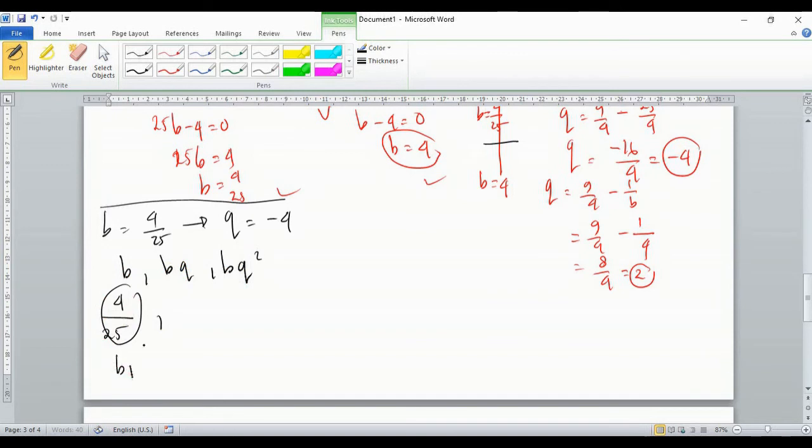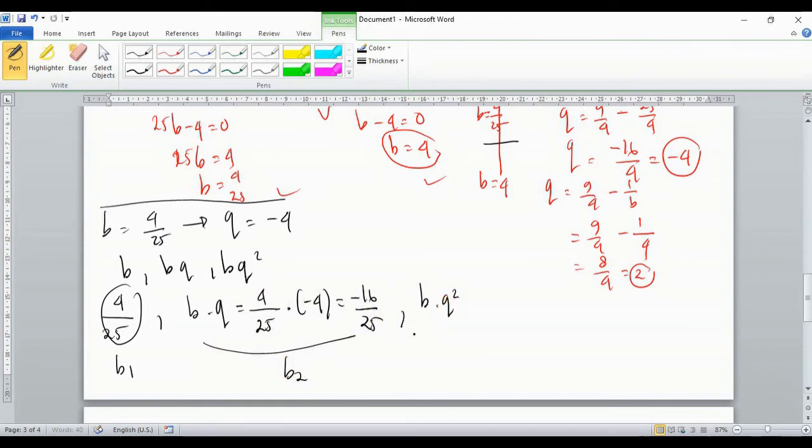And then bk is equal with 4 over 25 times k, minus 4. So we have minus 16 over 25, which is the second term. And then we need to find the third term, bk squared. It's equal with 4 over 25 times minus 4 squared. It's equal with 64 over 25, which is the third term.